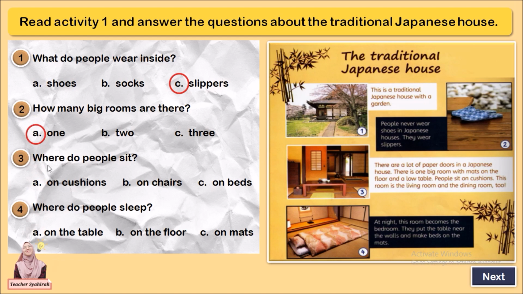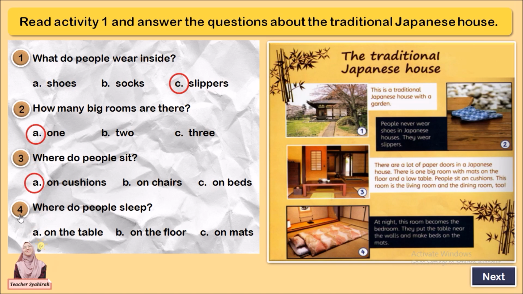Next one, number 3. Where do people sit? Kat mana people sit? Kat mana dia duduk? Find the word people sit. Okay, people sit on cushions, right? So the answer for number 3 is A, on cushions. Next one, number 4, the last one.